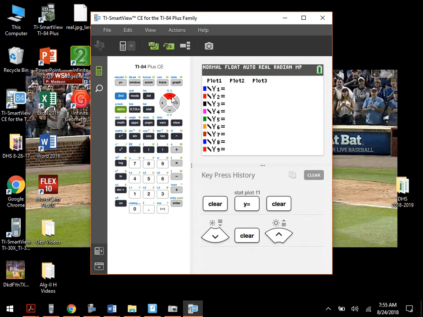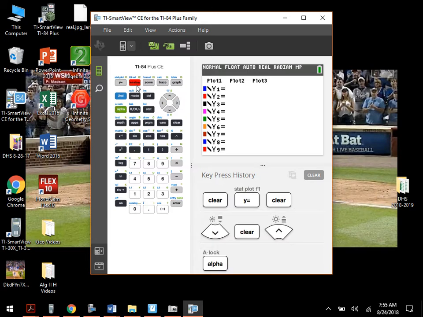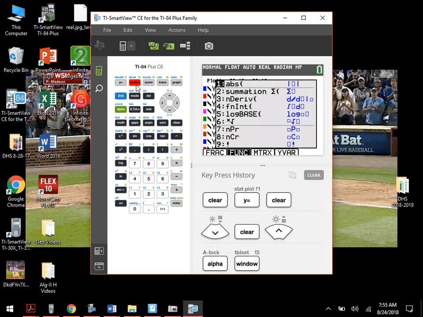And what I want to do is graph an absolute value. I'm trying to remember which one. I think it's under alpha window. Alpha window brings up a bunch of shortcut keys. The very first option says ABS, and you'll notice in blue, what it's going to look like. Uprights mean absolute value. Okay, so go ahead and hit enter because it's already highlighted on one.